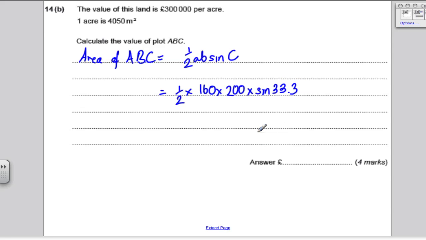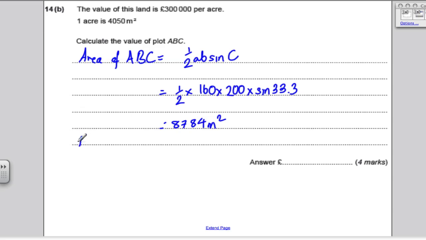Working that out, we get 8,784 meters squared, and you want to know how many acres that is.